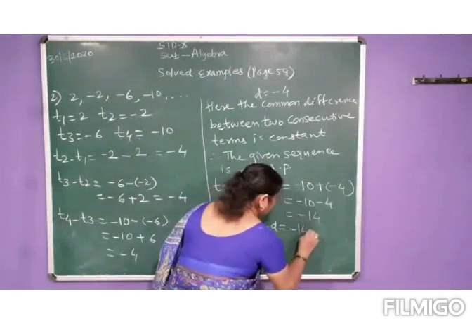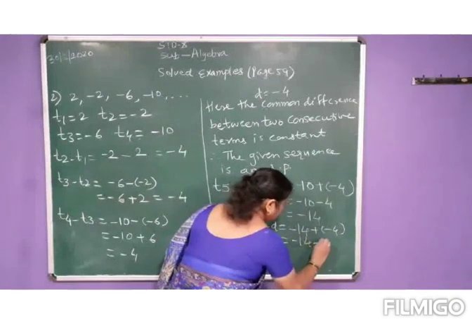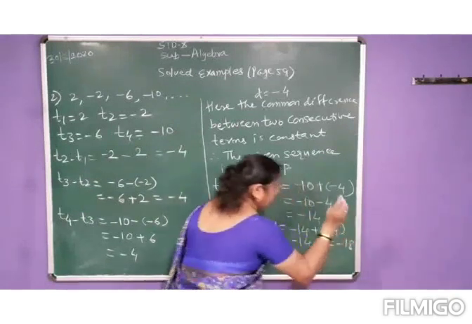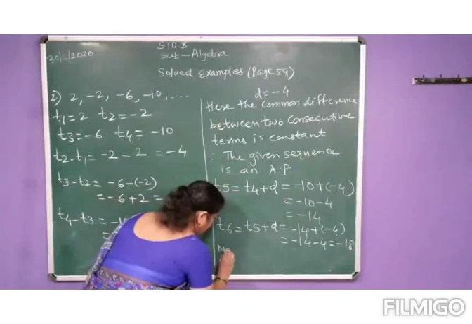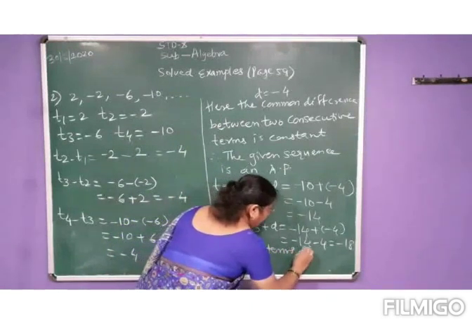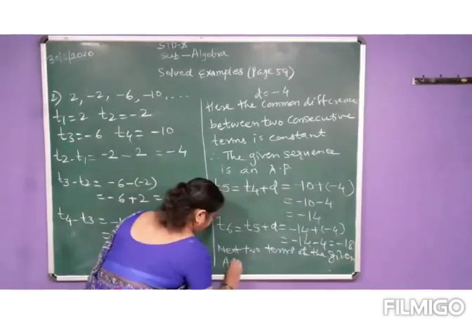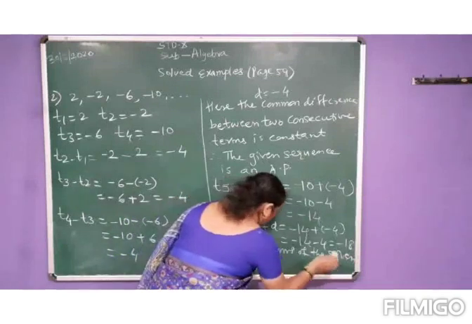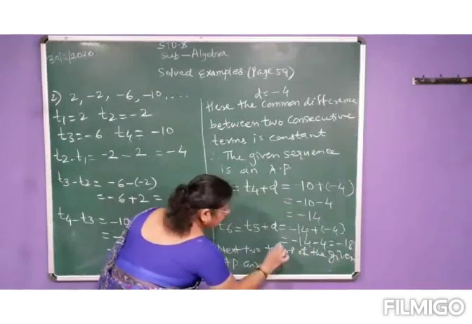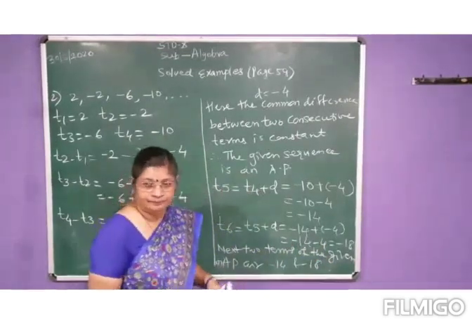T5 is minus 14 plus minus 4. So minus 14 minus 4, minus 18. So the next two terms of the given AP are minus 14 and minus 18.